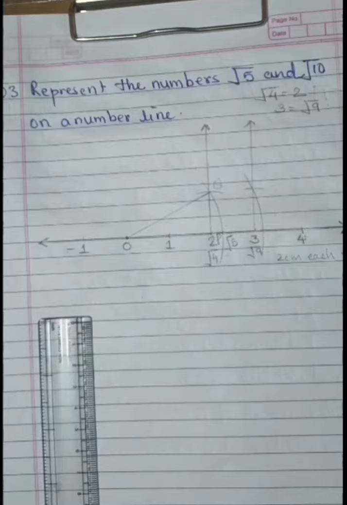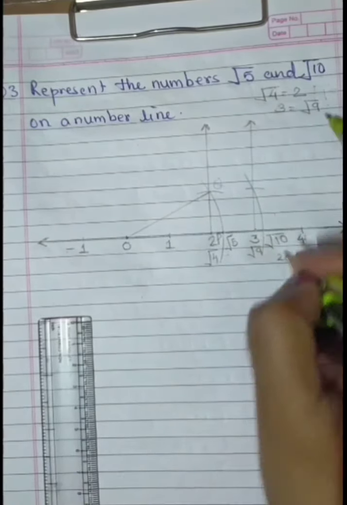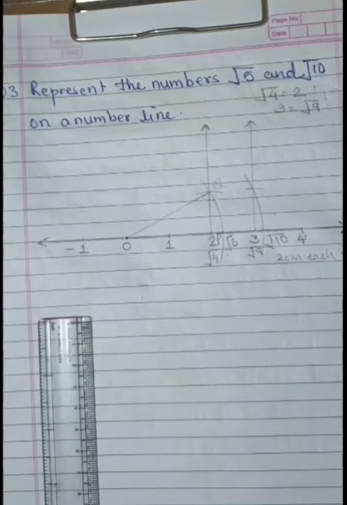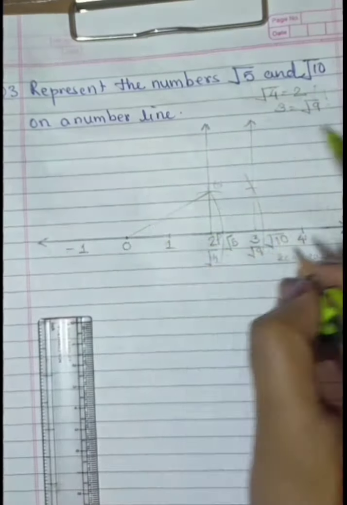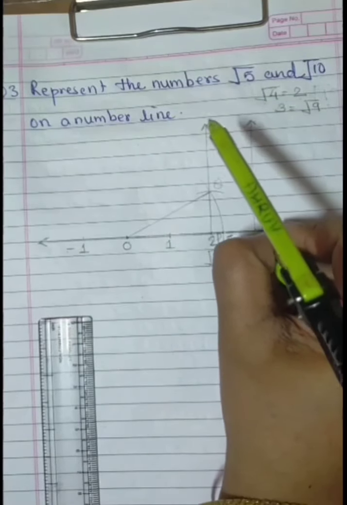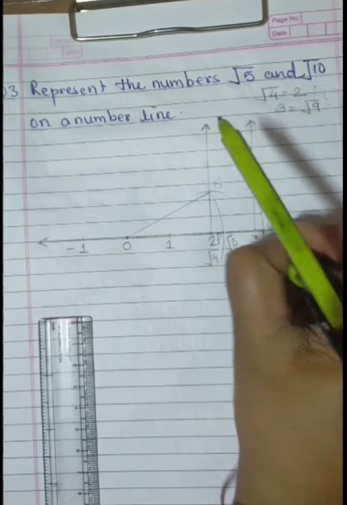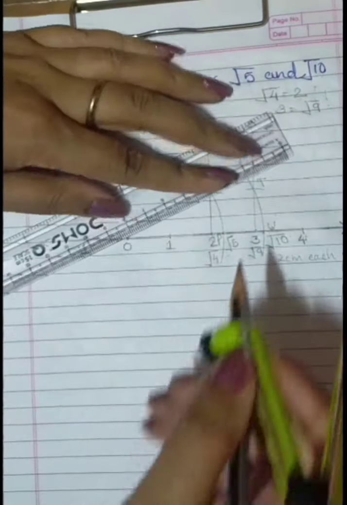So we will get root 10. This point will be U and this point is T. Again we will join this point.